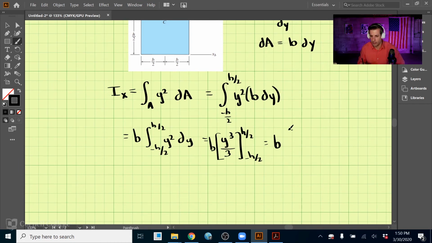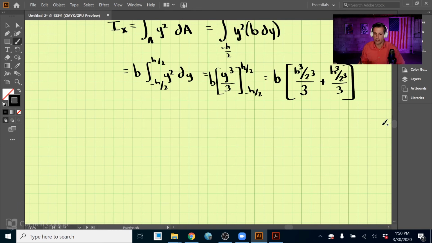We have b out front. h over 2 cubed turns out to be h cubed over 2 cubed, and that's all over 3. And then we have minus a negative here because it's negative h over 2, which turns into a plus. We have h cubed over 2 cubed divided by 3. You might need to work this out on your own just so you believe me. All right, let's keep going.